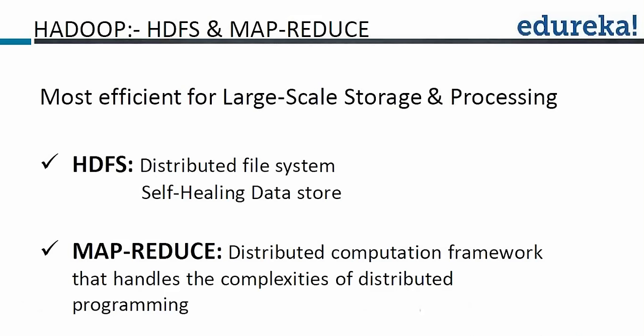Today, the processing program is taken to the place where the data resides. Look at the shift. The data doesn't need to move along the network, so we have made this super effective.